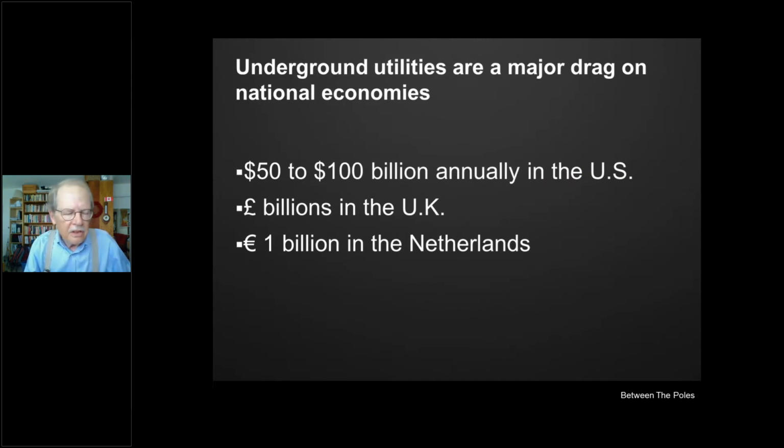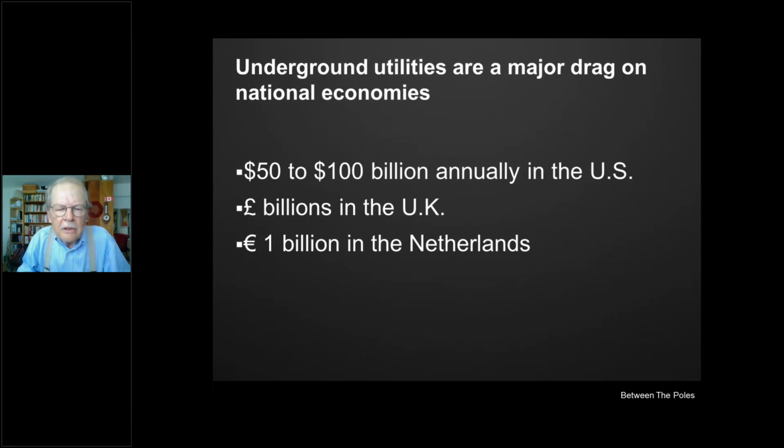In the United States, there's an organization called the Common Ground Alliance, which collects statistics. These are voluntarily submitted statistics on underground utility strikes, and putting that information together with the information from the University of Birmingham, for example, leads to an estimate of something between $50 and $100 billion annually to the U.S. economy.